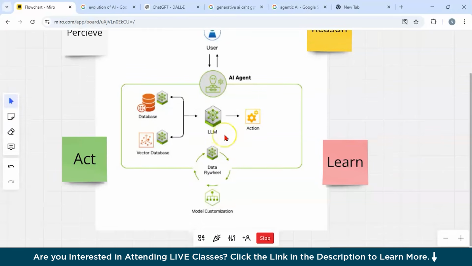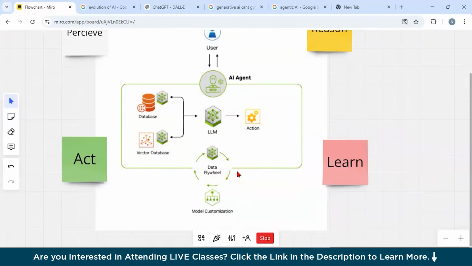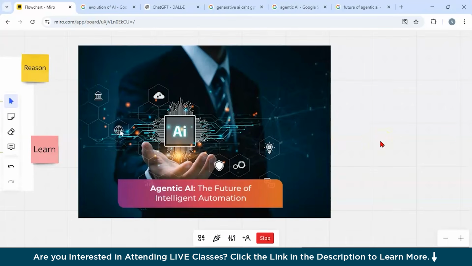So guys, based on the given diagram, you would have got a brief idea of how agentic AI works. Now, if we discuss the future of agentic AI, I would say it looks very promising because it keeps improving itself and finding new ways to be useful. With better machine learning algorithms and smarter decision making, these AI systems will be more independent, handling complex tasks on their own.